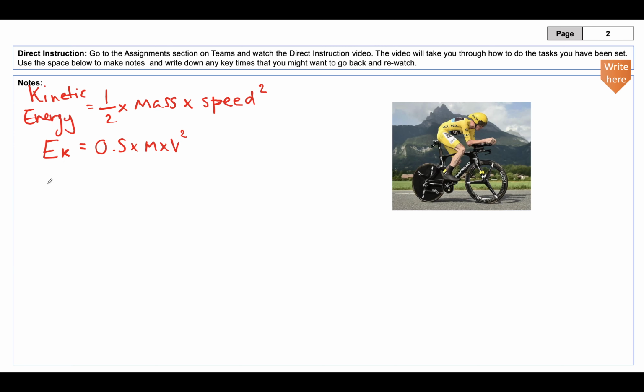And your kinetic energy is going to be measured in joules, which gets the symbol capital J. Mass is measured in kilograms, and the velocity, the speed, is measured in meters per second.